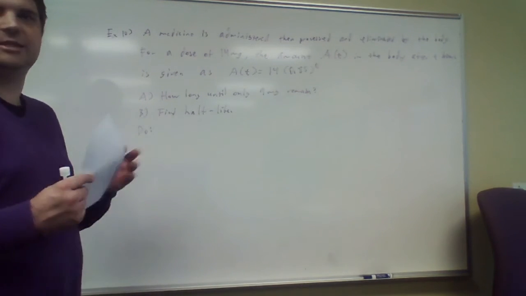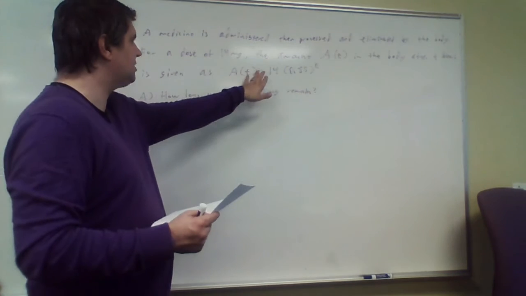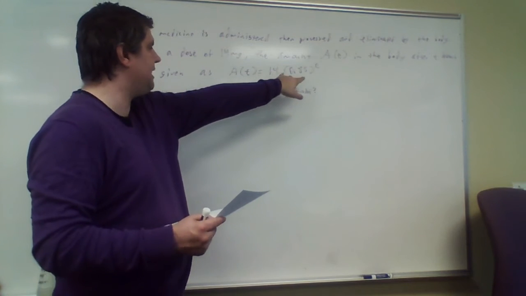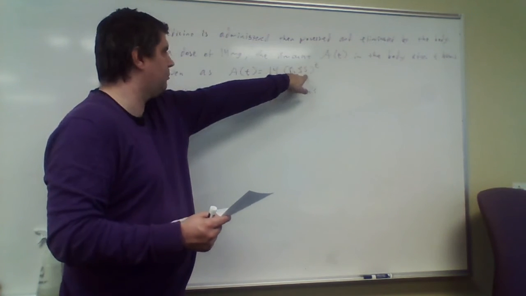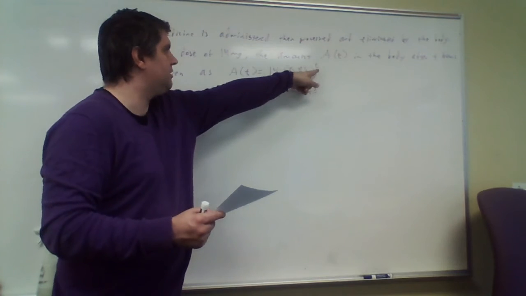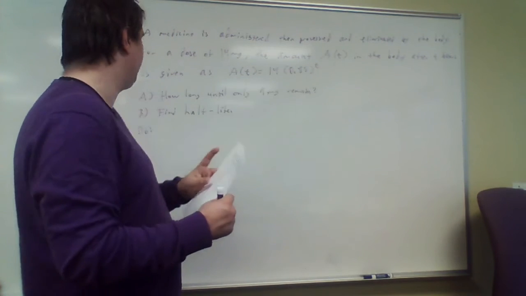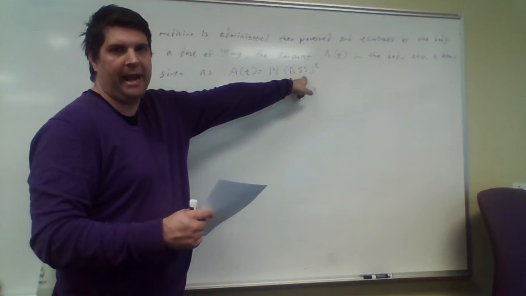So let's interpret this. Any exponential model has the original amount times the surviving amount or growing amount, if this was greater than 1, to the t power. Okay? So the initial dose was 14. After each hour, only 85% will remain.